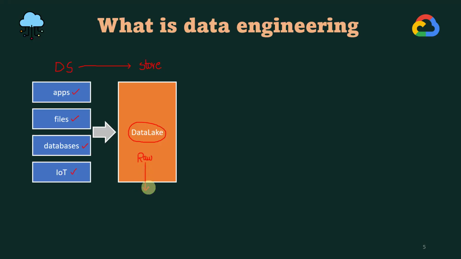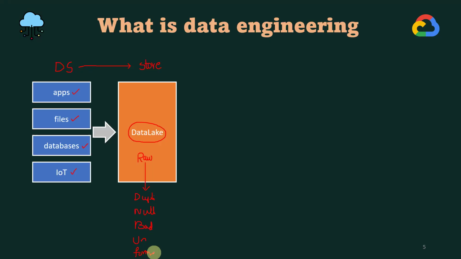As it is raw data, I cannot directly go for the analysis because raw data may have plenty of problems such as duplicates. It may have null values. Sir, it may have bad records. Sir, it may have unnecessary data. It may have a different format.